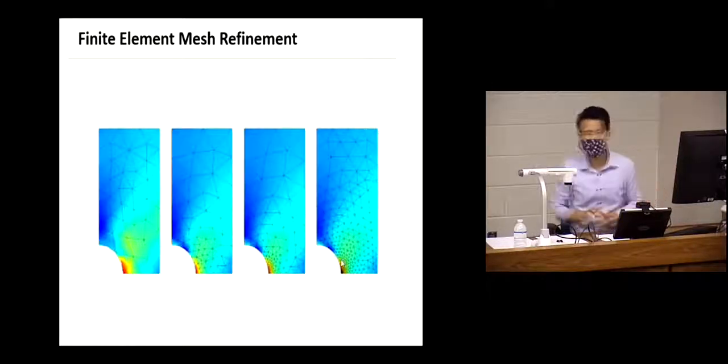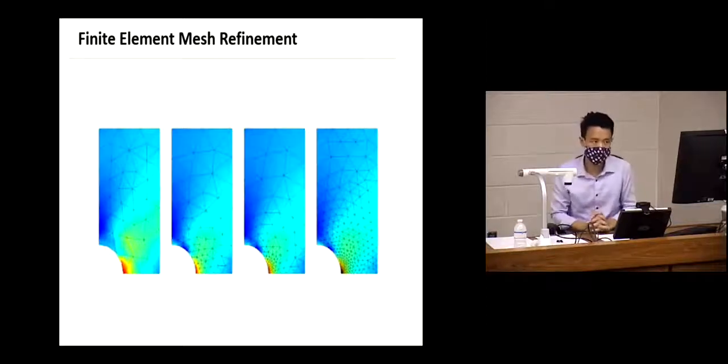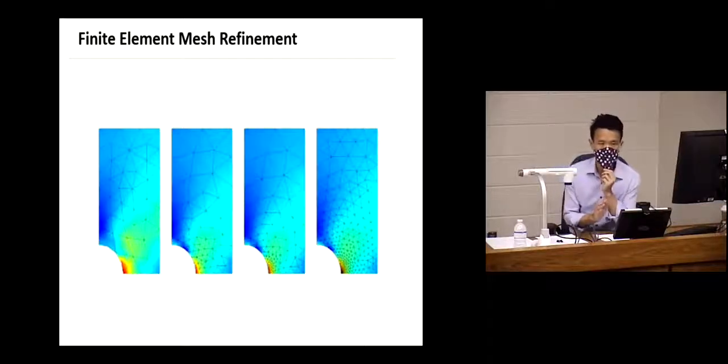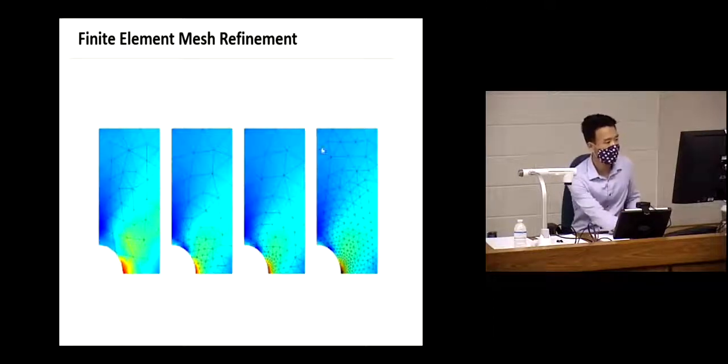So small elements always give you a better, more precise answer in an elasticity problem. So you want to go as small as possible. Obviously there is a cost to it because your computational costs go up, so you don't want to overdo it, right? Smart engineers do this sort of meshing so that you get the most accurate answer at the position where you're most interested in.